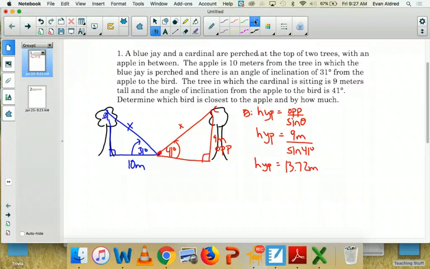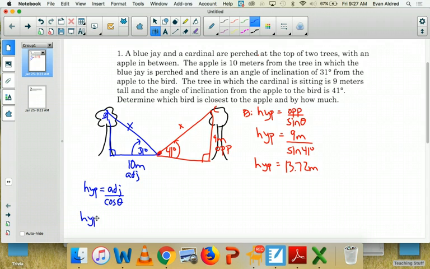Now we're going to do the blue jay. Well, the blue jay's triangle does not involve sine because the known side is the adjacent side in this case. So we're going to use the trig ratio that involves hypotenuse and adjacent, which of course is cosine. So to find the hypotenuse using cosine, it's adjacent over the cosine of theta.